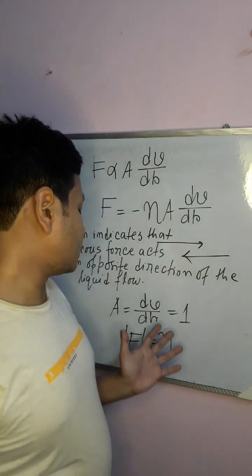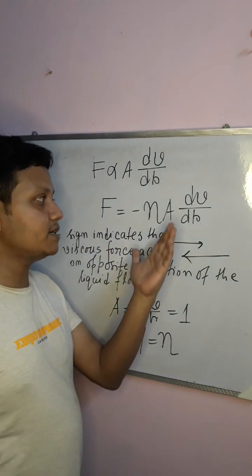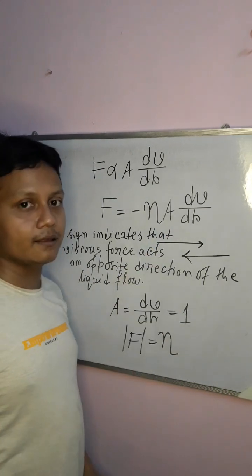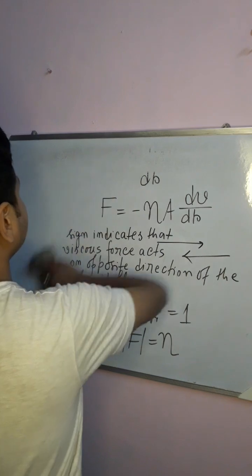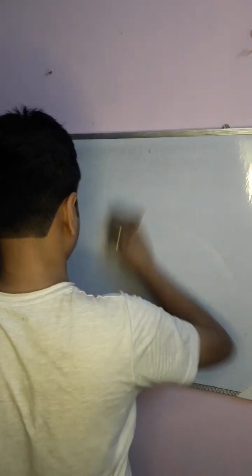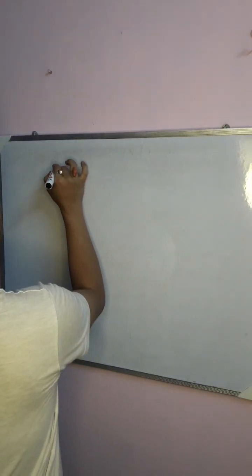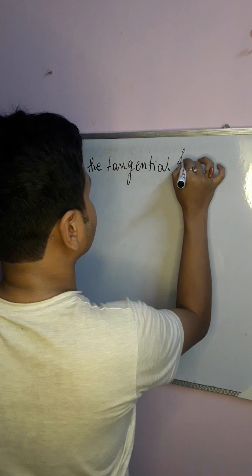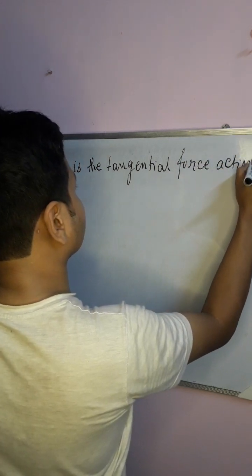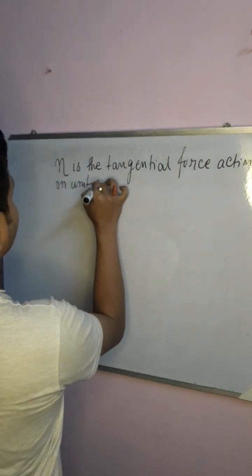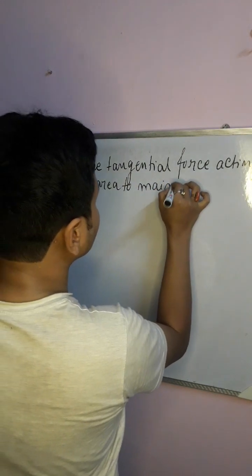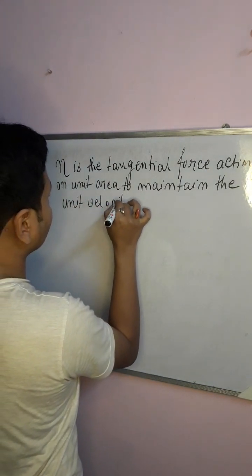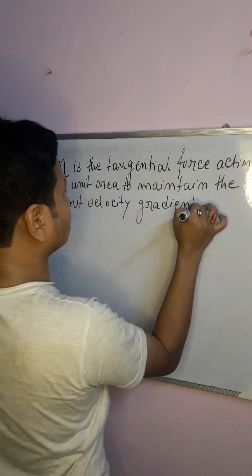If the tangential force that acts on unit area maintains the unit velocity gradient, then it is called eta.